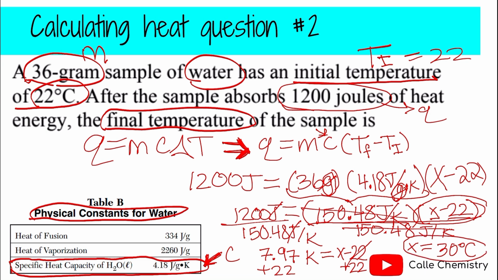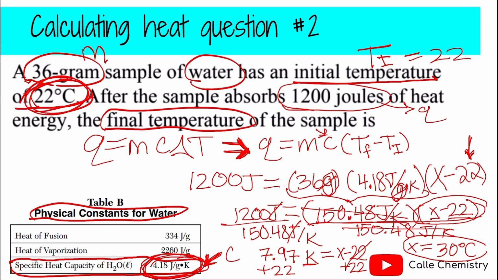Now, in terms of units, you may see that I have Kelvin here, but my answer, I'm going to leave it in degrees Celsius. The reason that I don't need to worry about changing the 22 degrees Celsius over here to Kelvin, even though I use a specific heat capacity that has Kelvin instead of degrees Celsius, is because delta T is the difference of two temperatures.